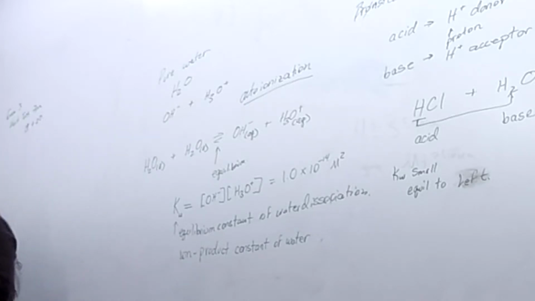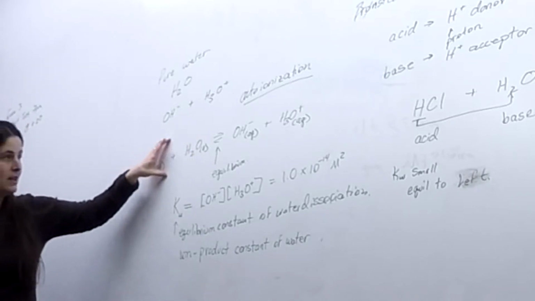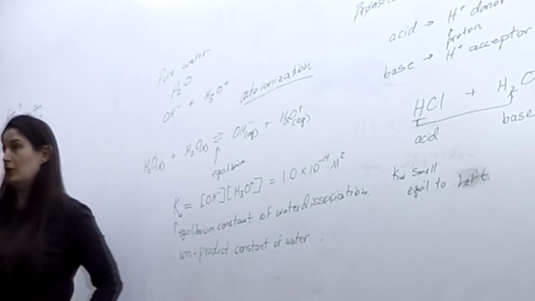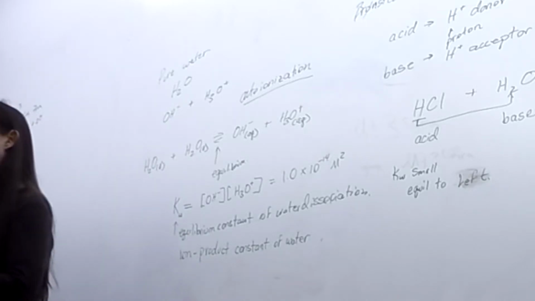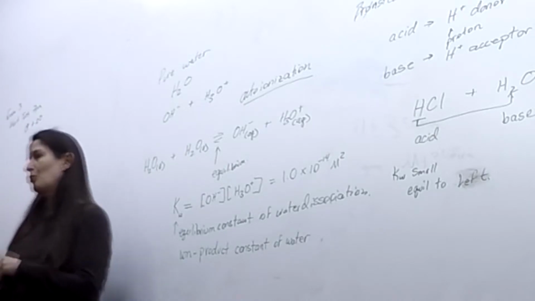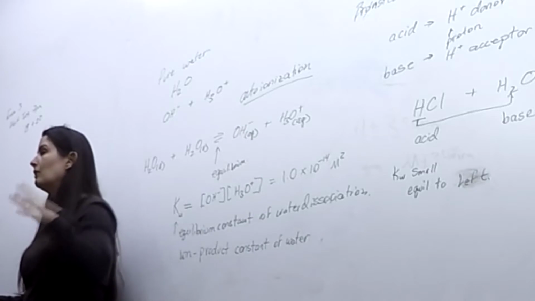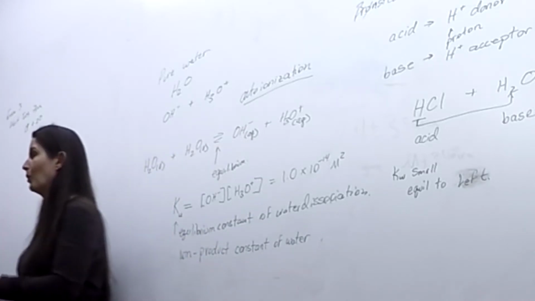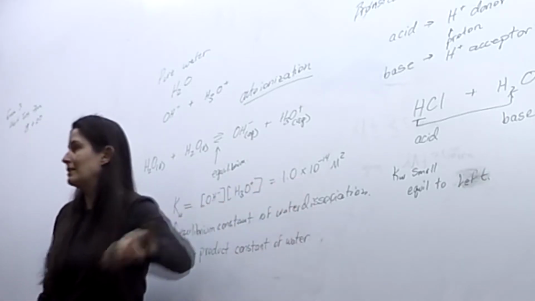And that is why you don't talk a whole lot about the ions in water, because most of the water is in the water form. Most of water, if we could break it down, would be water molecules. But when you're talking about straight chemistry, you cannot defy the fact that the ions are actually there, even if they are only in trace amounts, because they can become important depending on the other constants that you have.